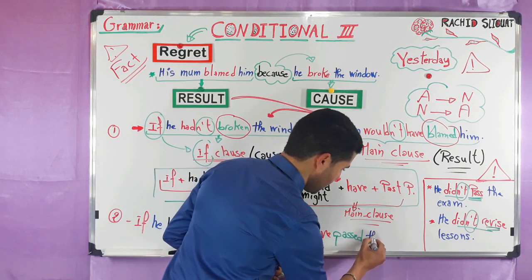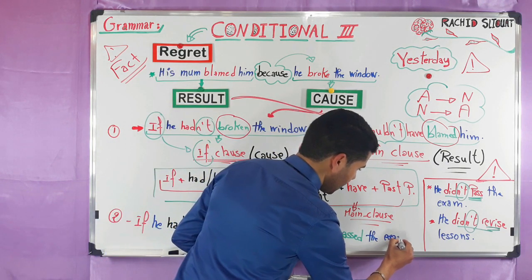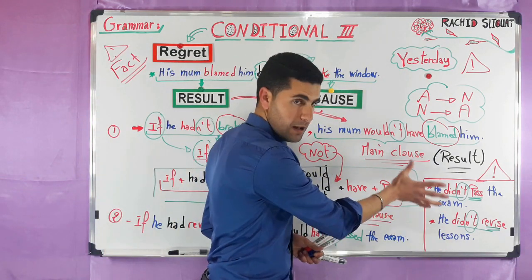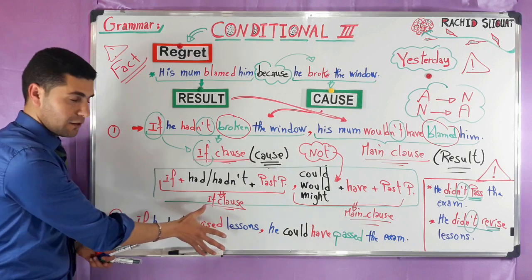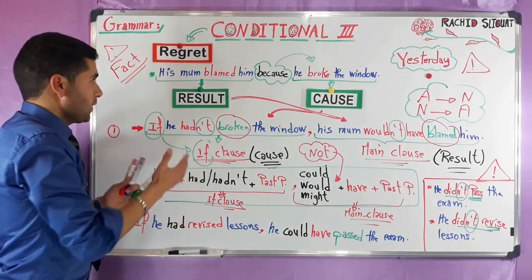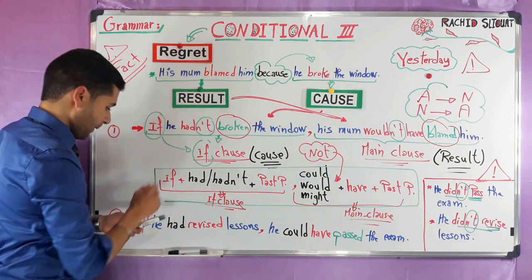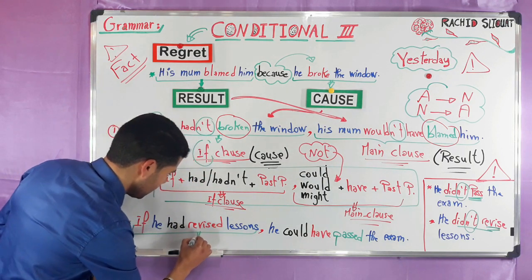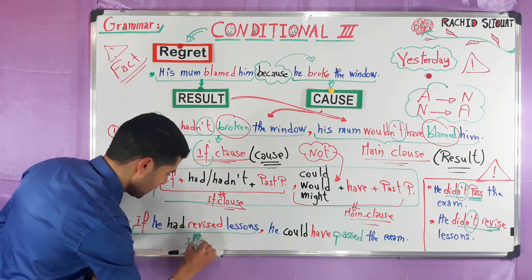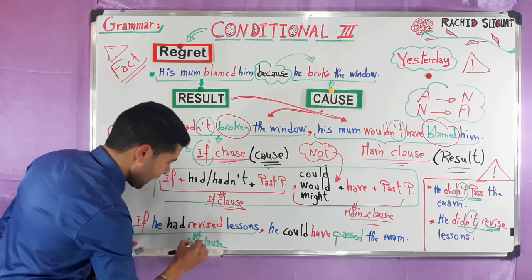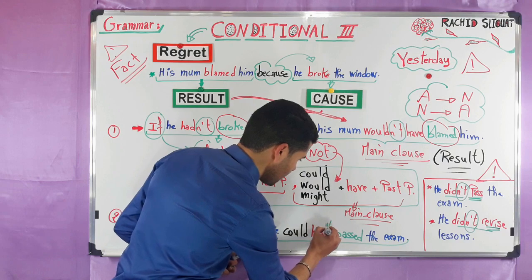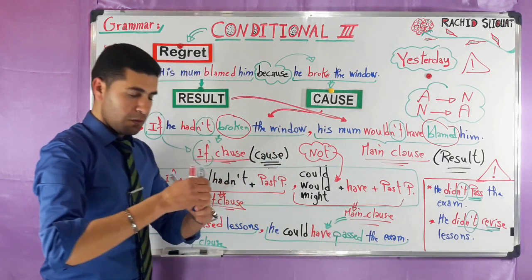So this is how we can put this past fact as a conditional 3 to express regret. This is the if clause, and this is the main clause, as we have seen.